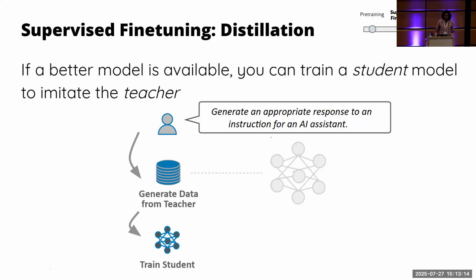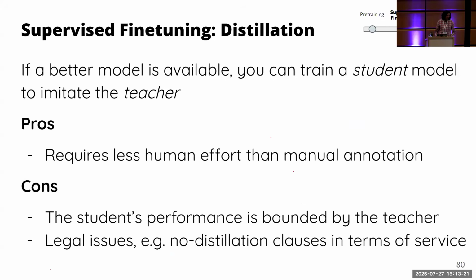So as we mentioned before, distillation is the classic way to do SFT if you have a bigger model available. But there are some trade-offs here. Distillation can be cheaper than manual annotation in terms of paying a person to do work.